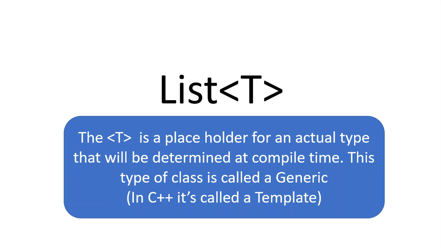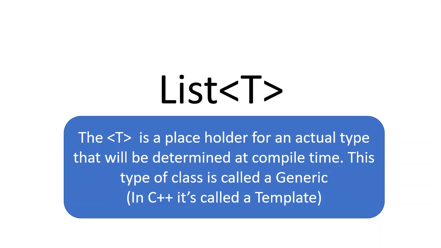The T is a placeholder for the type of data that you actually want to store in the list. So T is going to get replaced by whatever type of data you want to store when you write your code. If you want a list of integers, you replace the letter T with an int. If you've got a class, like an image, and you want a list of images, then you have a list of Image in the angle brackets.